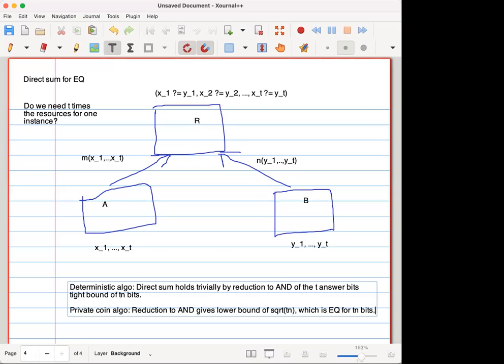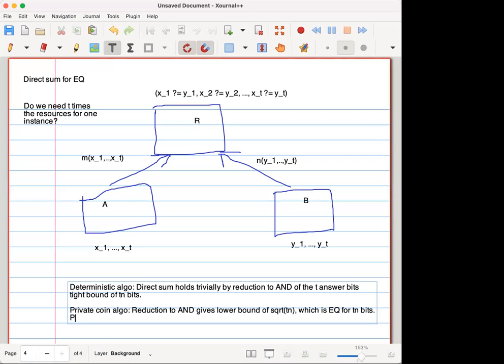Now, if you have to tolerate t independent instances, the probability of error is increasing from epsilon to t epsilon, right? So if I want the probability of error to be less than epsilon, then I have to ensure that each single instance has smaller than epsilon probability of error. So let us see what it is.